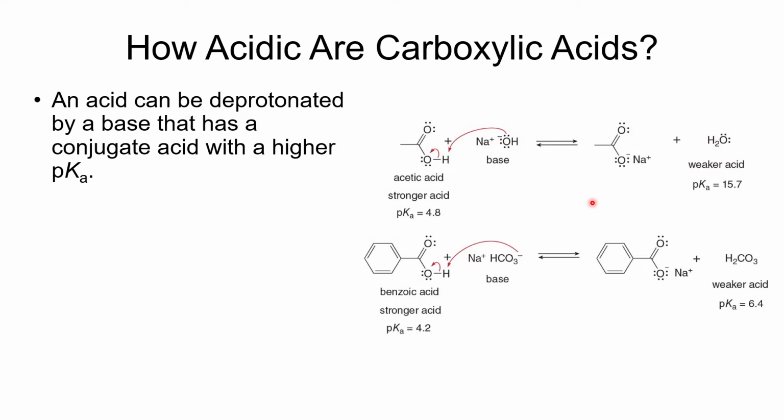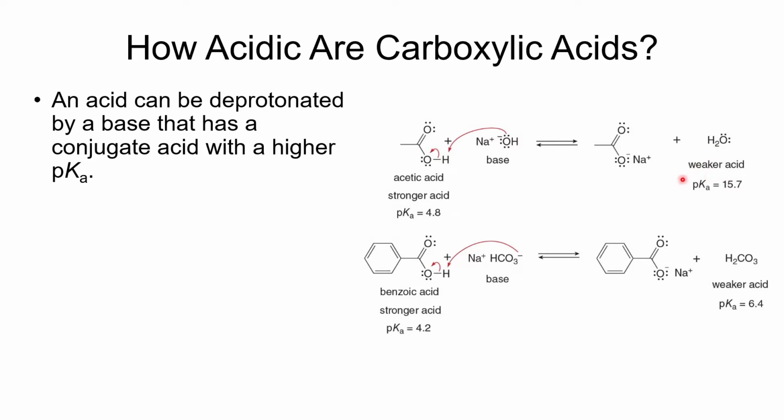In order to determine what direction the equilibrium will lie, we need to look at the acid on each side, and then look at the pKa. Acetic acid, with a pKa of 4.8, has a lower pKa than water. So whichever one has the lower pKa, the equilibrium will lie in the opposite direction.